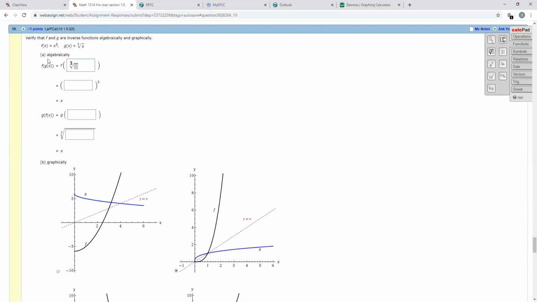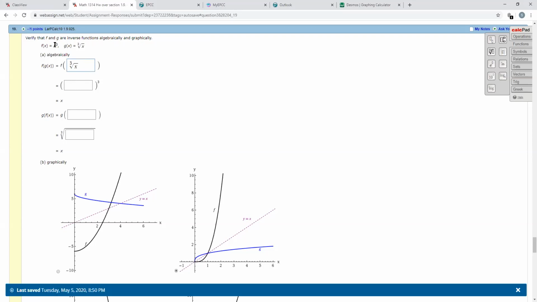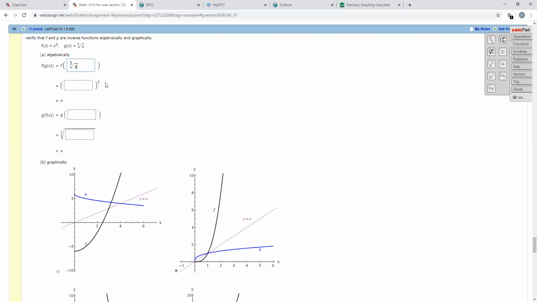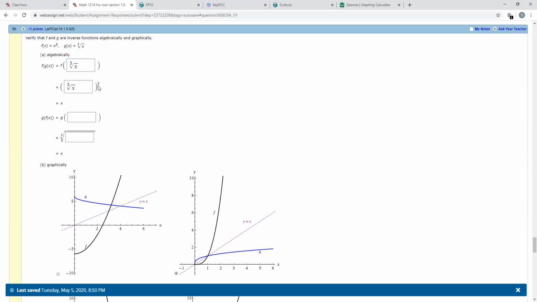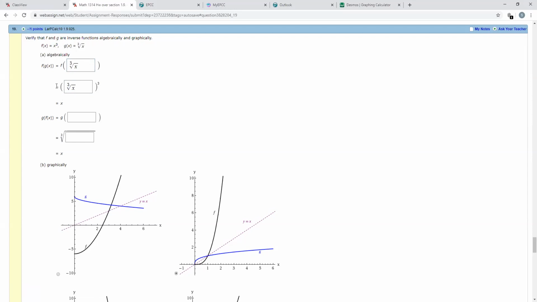So the cube root of x, and that goes into f. So we put that right here. So here's the cube still. That cubed is that cubed, and now we just put this right here. And then when you do that again, you put the root 3 function into the cubing function, and because those are inverse functions of each other, they compose out to x, and that's a yes.